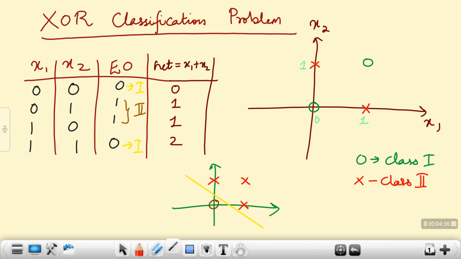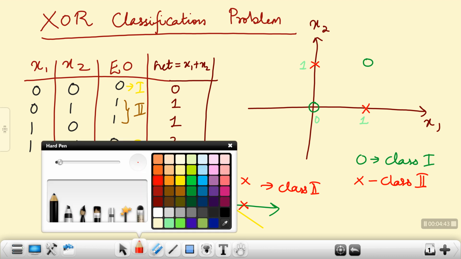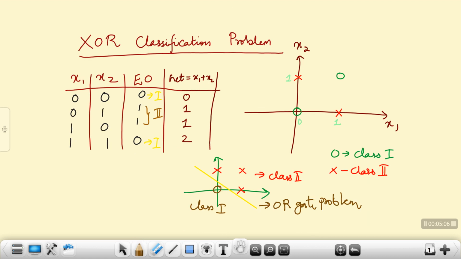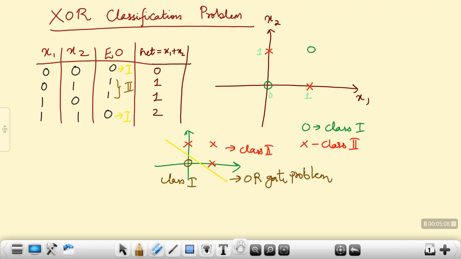Here I have drawn a line such that all the x's are on one side of the line and all the zeros are on the other side. The yellow line separates the patterns into class 1 and class 2. So the OR gate problem can be solved by using a single neuron.